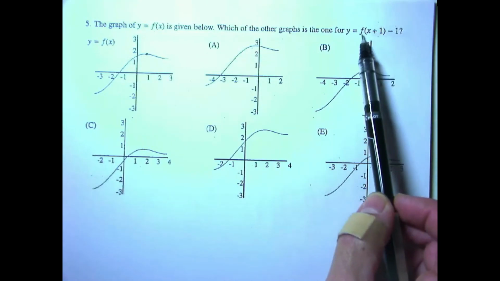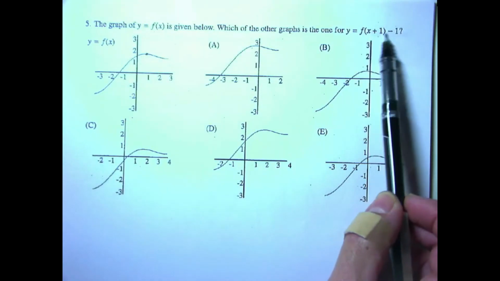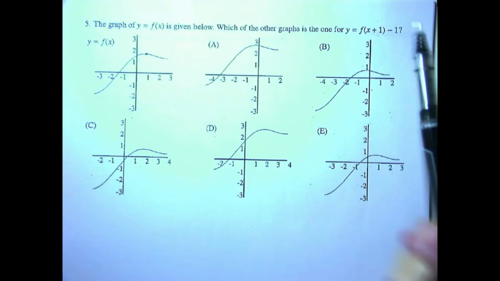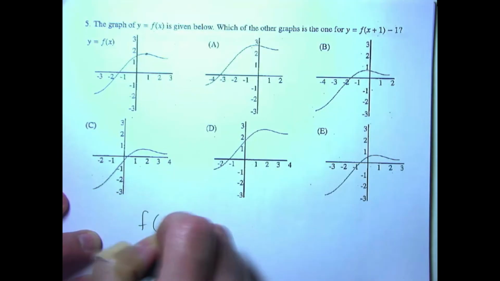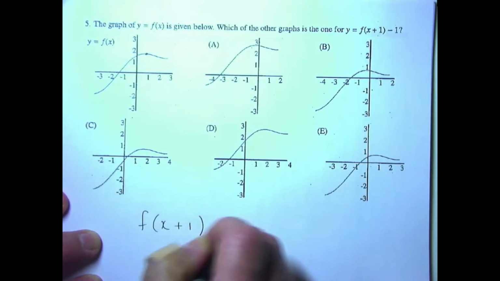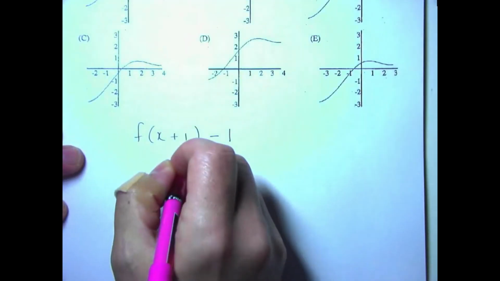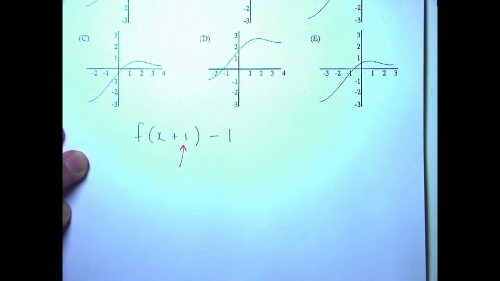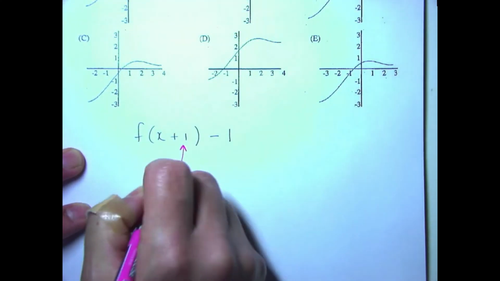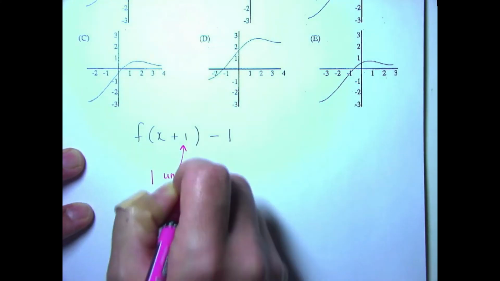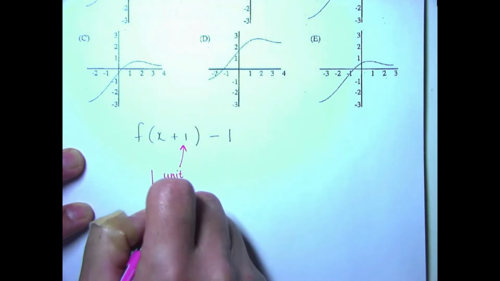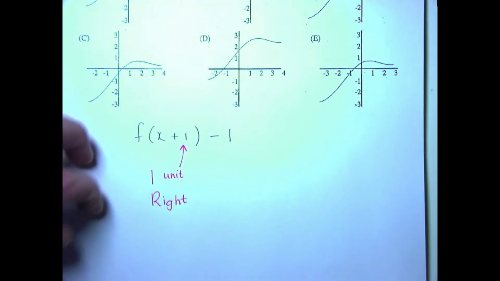All right. So what we're going to do is the following. We're going to find the graph of f of x plus 1 minus 1. So the plus 1 is going to cause a horizontal shift, and it's going to move my graph 1 unit to the right, to the left.